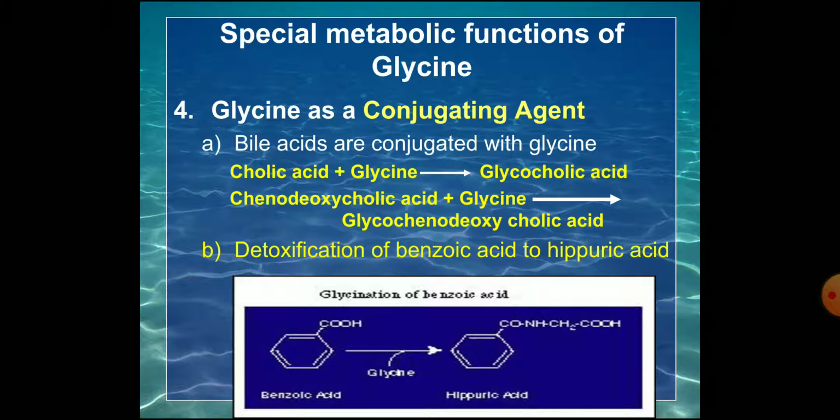You can see the reaction here. It is made water soluble and easily excretable, so the harmful benzoic acid is detoxified to the less harmful or non-toxic substance hippuric acid, which is easily excreted through urine.